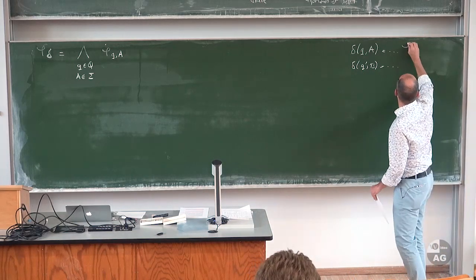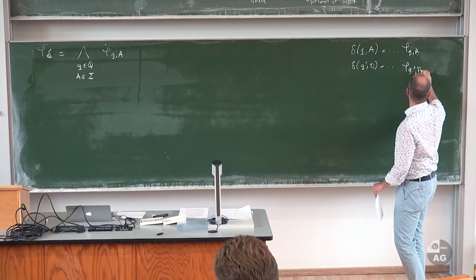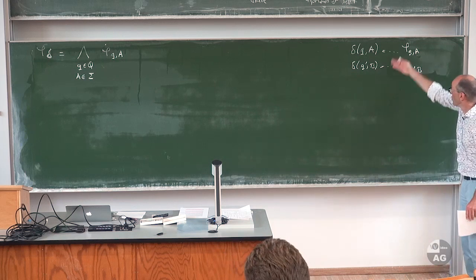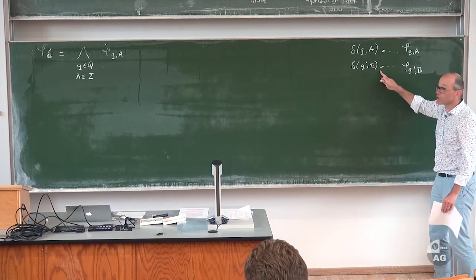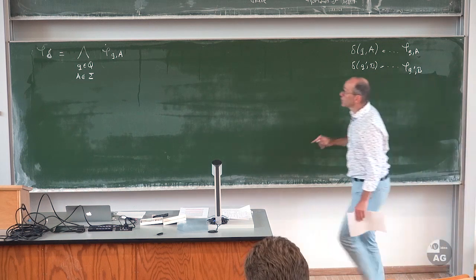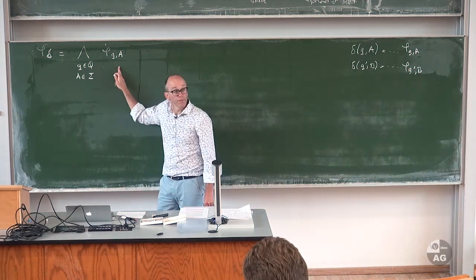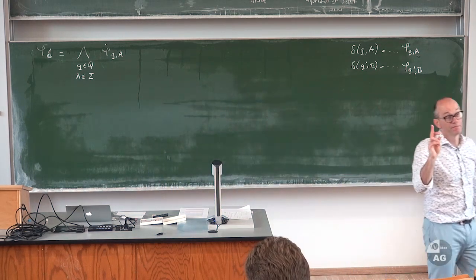So this is the formula phi q a, this is the formula phi q' b, etc. You list all the transitions of the Turing machine, every transition becomes a formula, and then you take the big conjunction of all of them.